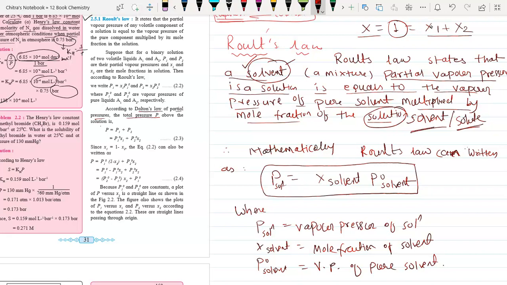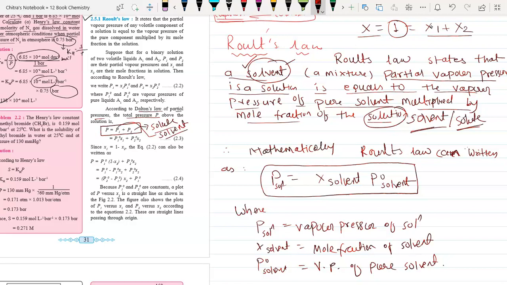Therefore, we can write total vapor pressure P is equal to P1 plus P2. What is P1? Vapor pressure of the first liquid, and P2 is the vapor pressure of the second liquid, maybe solute and solvent. Generally, P2 we consider as vapor pressure of solute, and P1 as vapor pressure of solvent.